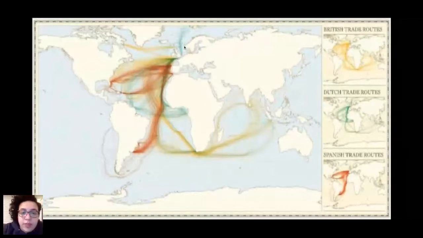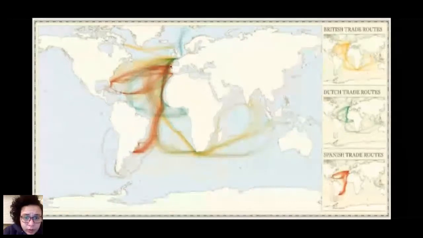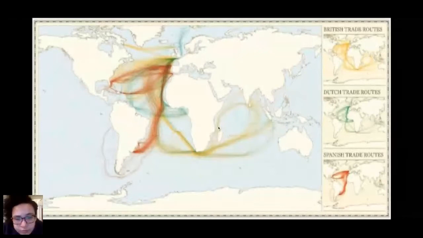The red are the Spanish trade routes. They're very much connected into West Africa, into the Caribbean, obviously into Spain, and then into South America, into Brazil. And then you can see the British trade routes coming into Canada and all the different colonies.